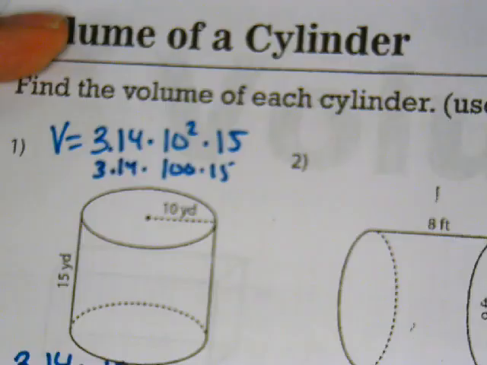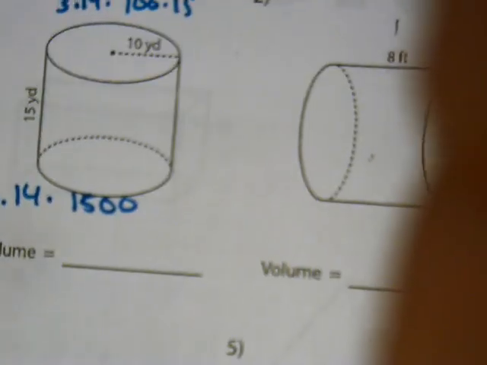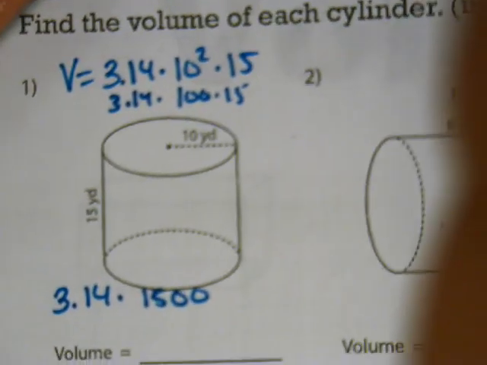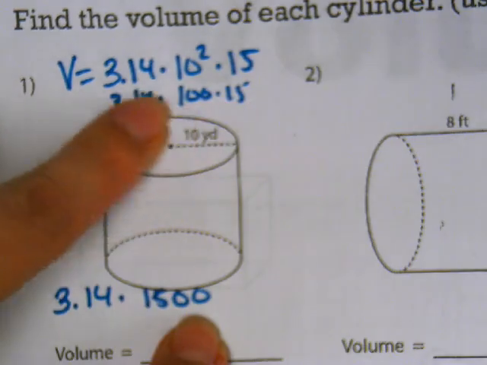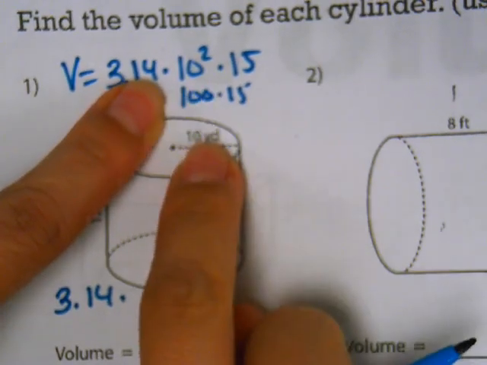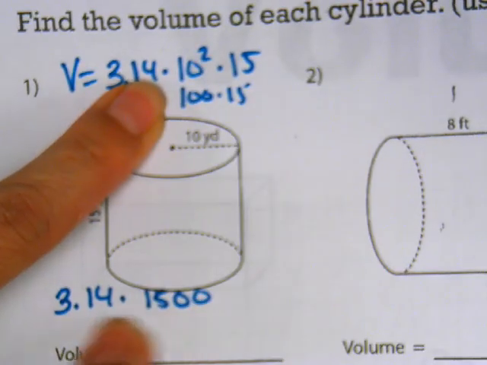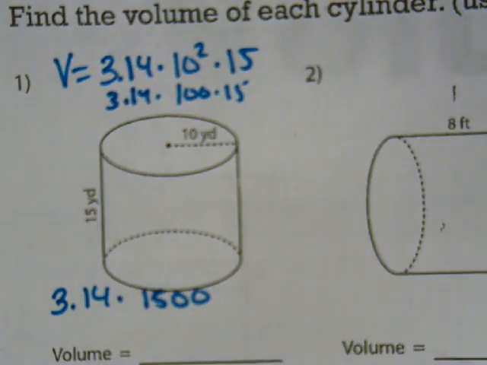Right here, this is when you can use a calculator. At this point, you should be able to use mental math for 10 squared and 100 times 15. And at this point is where you use a calculator, if you want to.